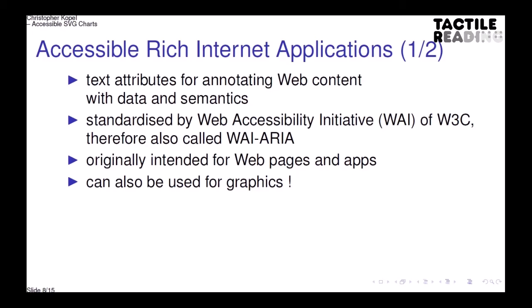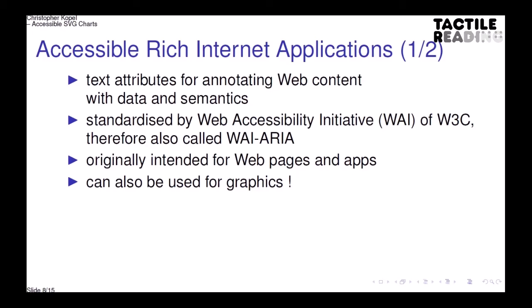ARIA stands for Accessible Rich Internet Applications, and this is a system of text attributes for assigning data and semantics to web content. It has also been standardized by the W3C, in particular by the Web Accessibility Initiative, WAI. That's why it's also called WAI-ARIA.